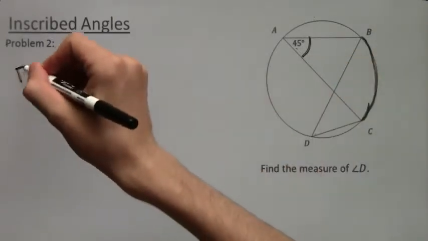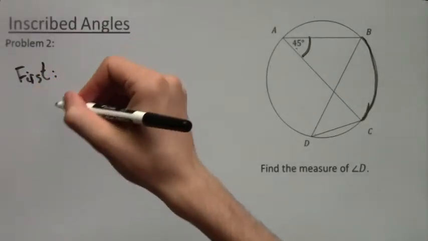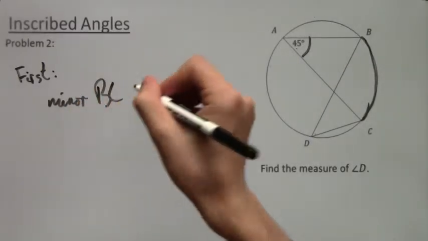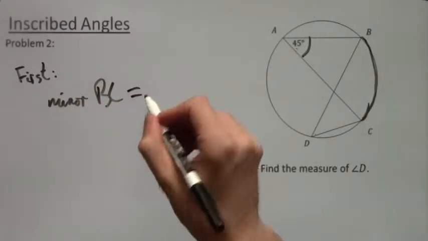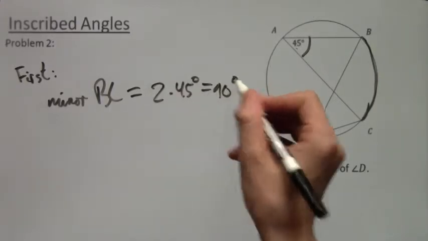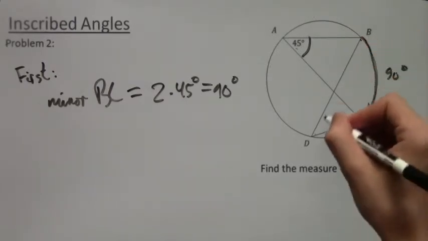This is the arc opposite of the angle. So right now what we can say is something about that arc. Our theorem tells us that the minor arc BC has measure equal to twice the angle of A. So we multiply 2 times 45 degrees and we get 90 degrees. So that's the measure of arc BC.